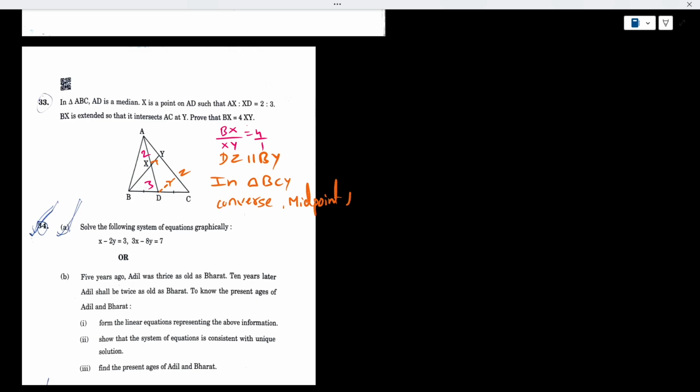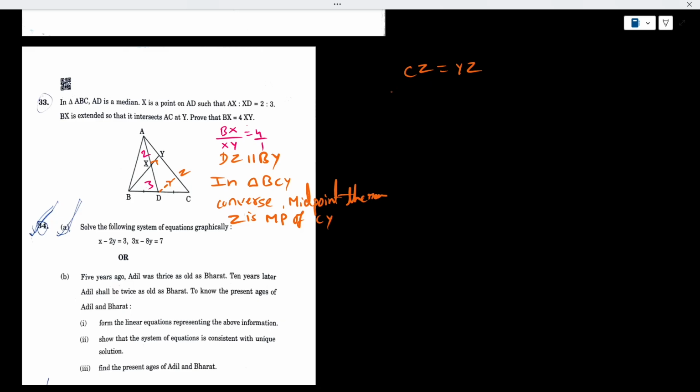you know that G is the midpoint of CY. The moment you say that, that means CG will be equal to YG.